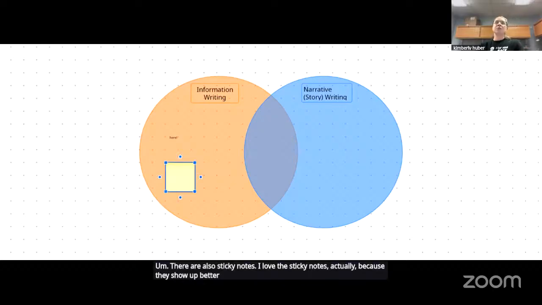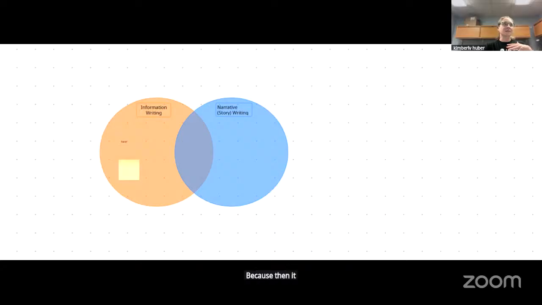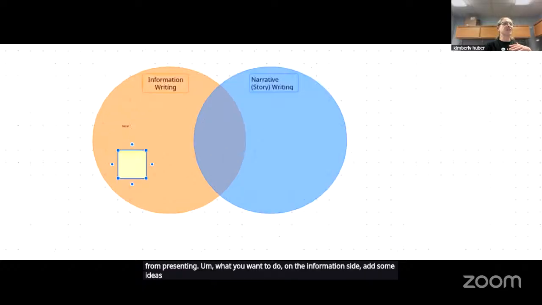What I would like you to do, so we're going to stop trying to get off to the sides, because then it just makes the thing move for everybody else. Oops, I'm going to stop Rosalind from presenting. On the information side, add some ideas about what you know about informational writing.